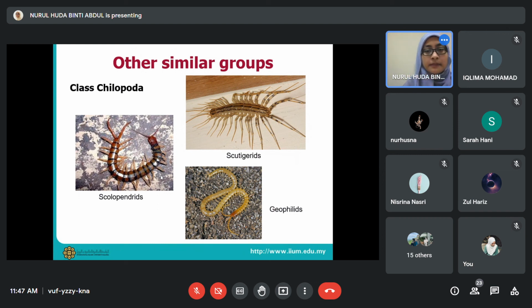Okay, but not all groups in this Chilopoda group produce venom that harms humans. Okay, they have the characteristic of producing venom. It's just that certain species use the venom only for their small prey. Macam Geophilid ni, it's very small. Okay, it's almost harmless to humans.